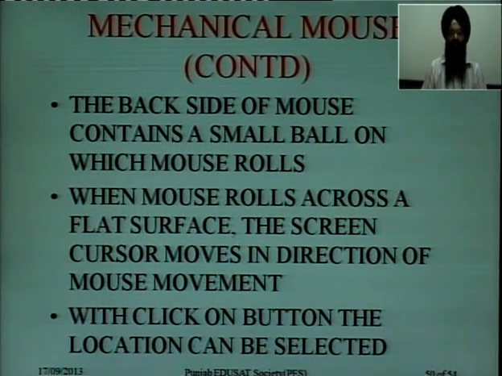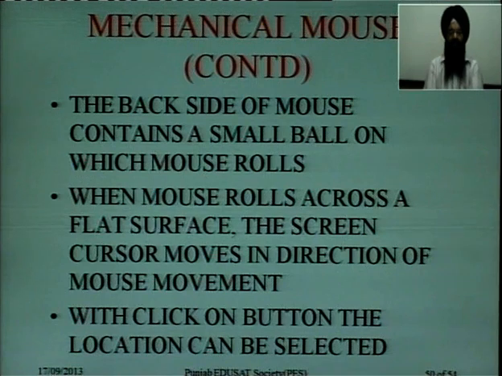The back side of the mechanical mouse contains a small ball on which the mouse rolls, and when the mouse rolls across a flat surface, the screen cursor moves in the direction of mouse movement, and with the click of a button the location can be selected. In the case of the mechanical mouse, the main parts are the small ball and the rollers with the help of which the mouse rolls over.